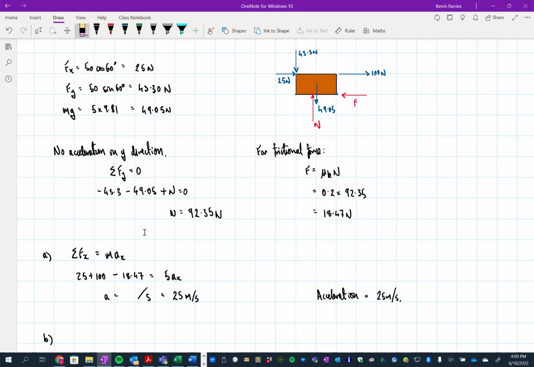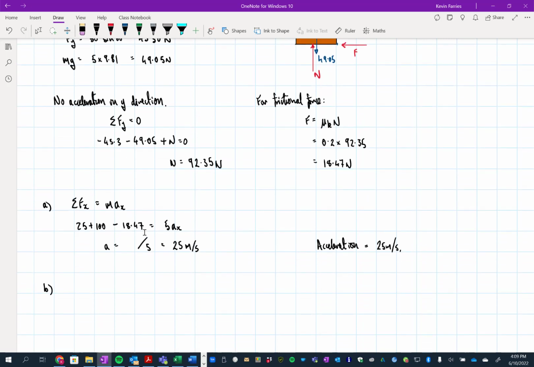So this is going to be 125 take away 18.47, so 106.5, and then we'll just do answer divided by 5, it's 21.3 meters per second, it's 21.30, oh no, it's not, it's 21.31 meters per second squared.